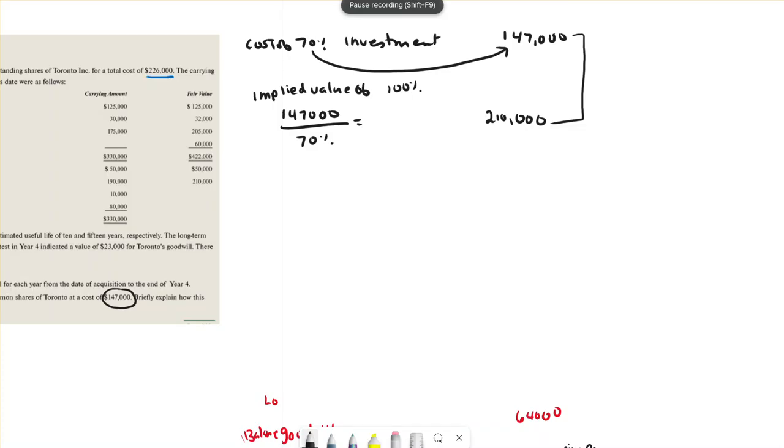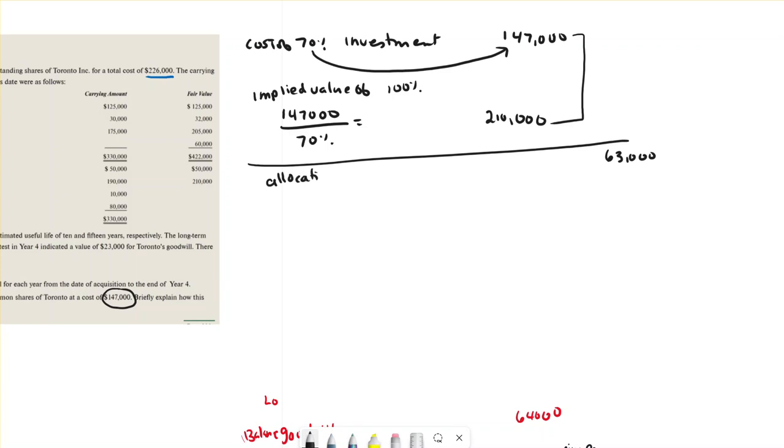So 147 minus your 210, and the differential at allocation was 63,000. So that's what we will have, the allocation differential at year 2. That's when we purchase it.